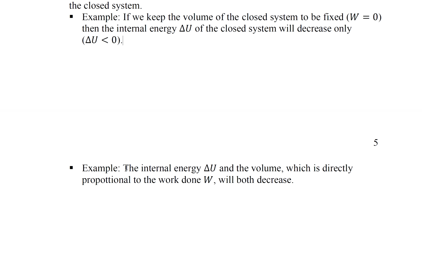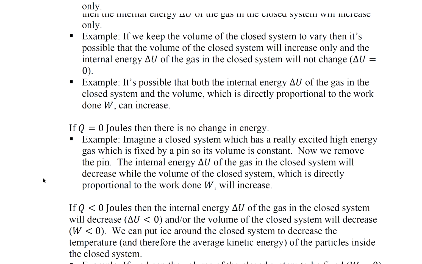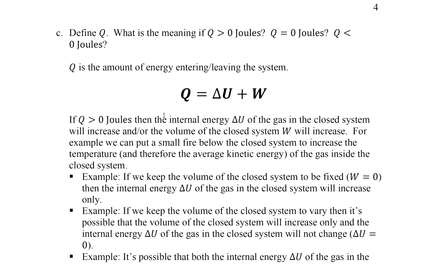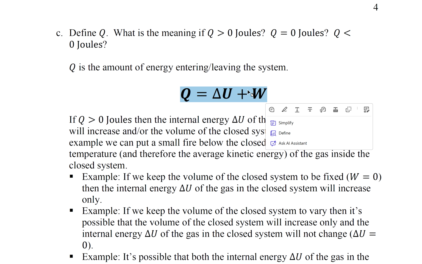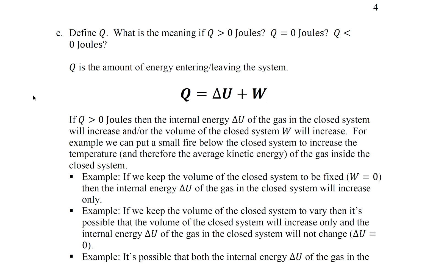Here's another example: the internal energy delta U and the volume both decrease. So definitely you need to conceptualize when each one of these three variables is greater than 0, equal to 0, or less than 0.